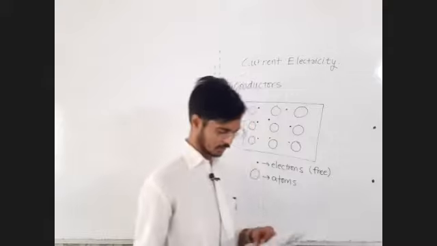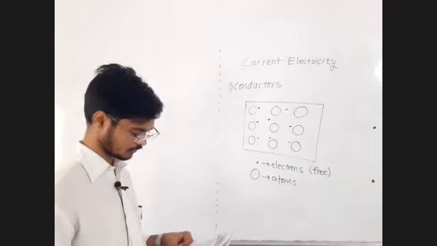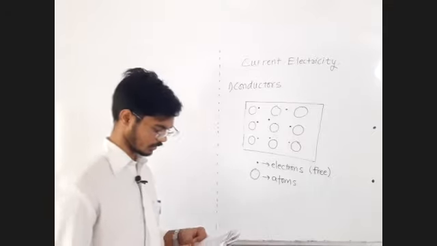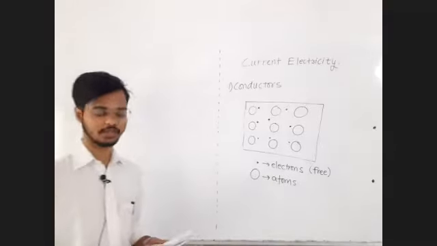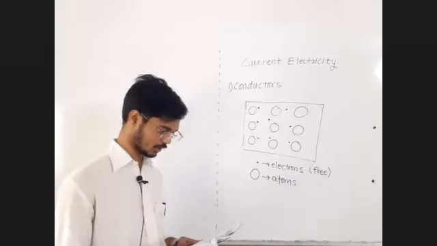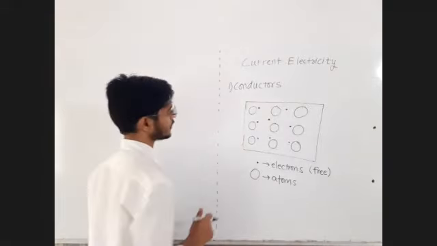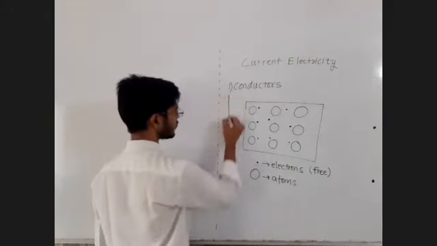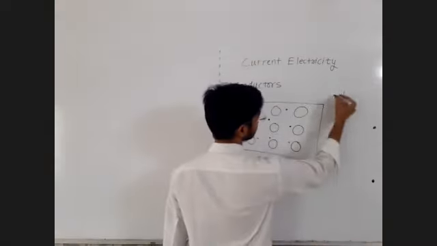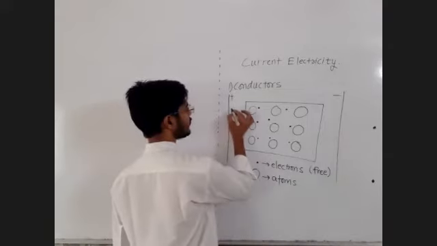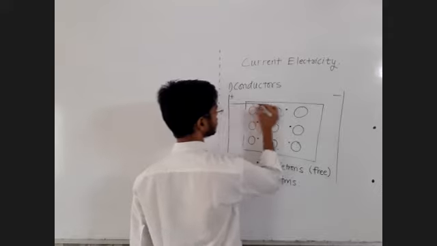Then keep on writing: when such a material is placed in an electric field, what will happen? Let us use a positive plate here and a negatively charged plate here. Electric field will be from the higher potential to lower potential, so it will be like this.